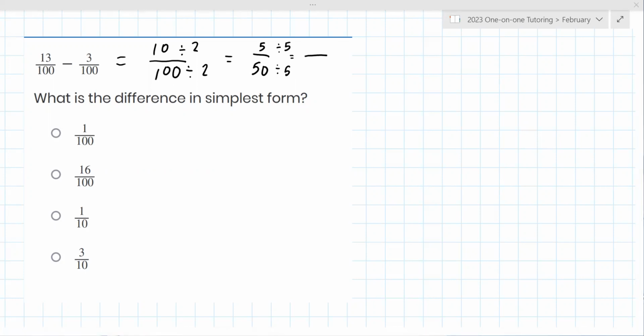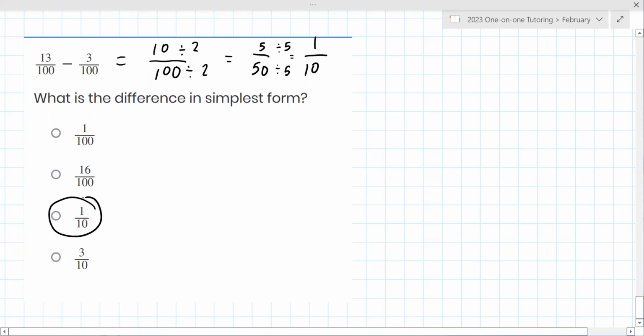What is 50 divided by 5? 10. Yes, I'm sorry, I said the wrong thing. I meant 5 divided by 5. What is 5 divided by 5? 1. Good. So what is the correct answer here? 1/10. Yeah. Good.